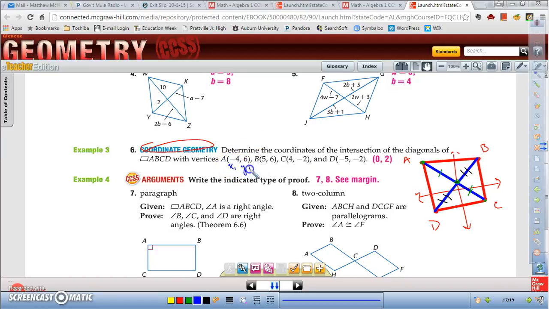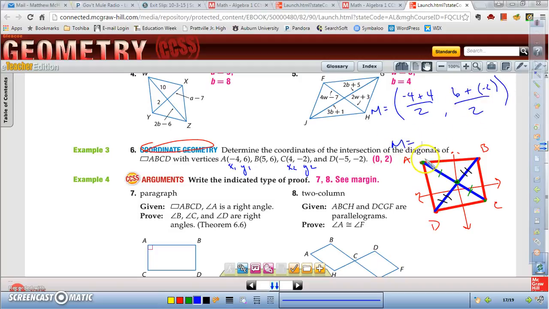So this is going to be my x1, y1. This is going to be my x2, y2. And plugging into my midpoint formula, I have x1 plus x2 over 2, and then y1 plus y2 over 2.